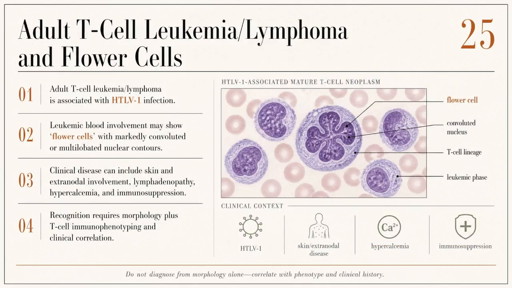As we transition into the topic of adult T-cell leukemia/lymphoma, or ATLL, it is essential to appreciate how this mature T-cell neoplasm exemplifies the critical intersection of pathology, histology, and advanced laboratory diagnostics in hematopathology. ATLL is a unique and aggressive malignancy etiologically linked to infection with human T-cell lymphotropic virus type 1, or HTLV-1.